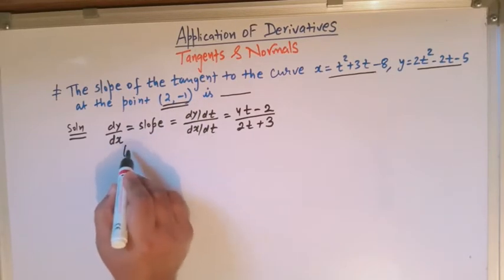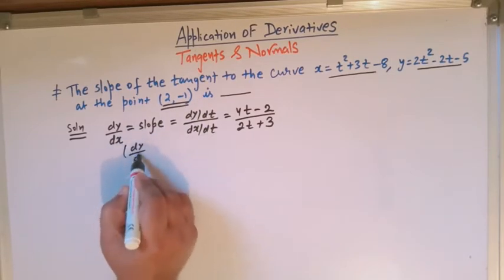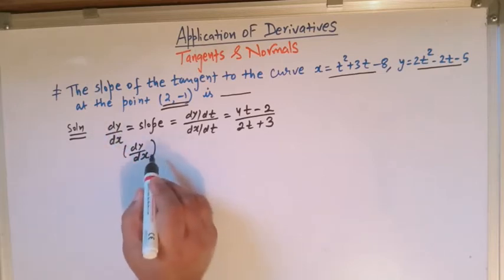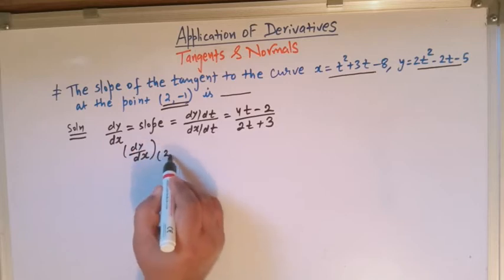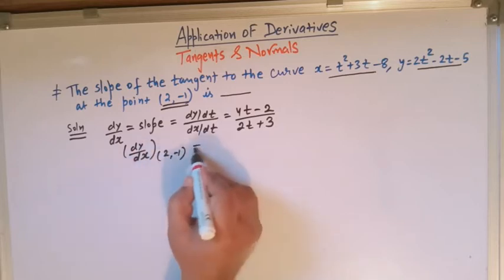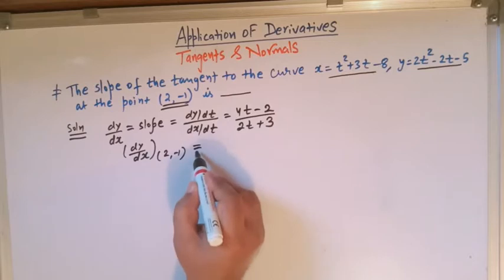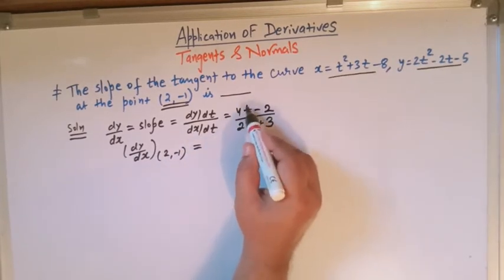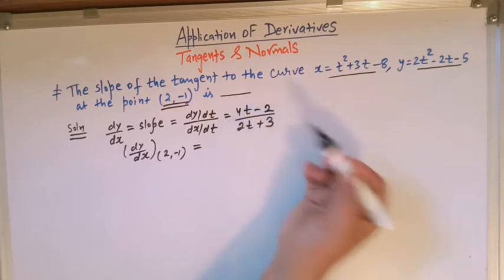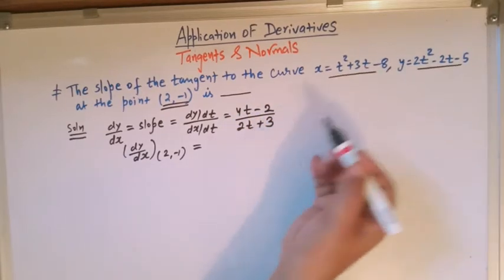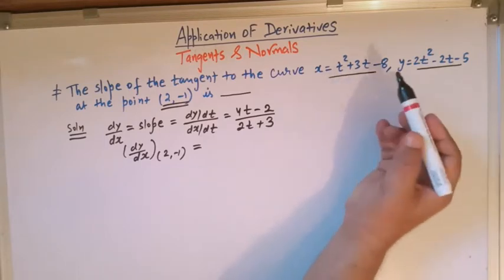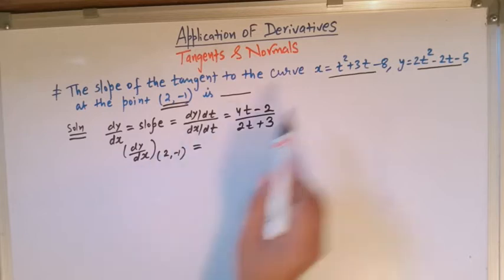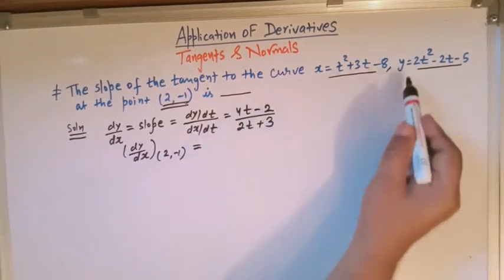Now we have to find the slope at this point. So the slope is the value of dy by dx at 2 comma minus 1, and here we'll substitute the value of t. Now what is t? T is the parameter. So t can be obtained by taking either x equal to 2 or y equal to minus 1.